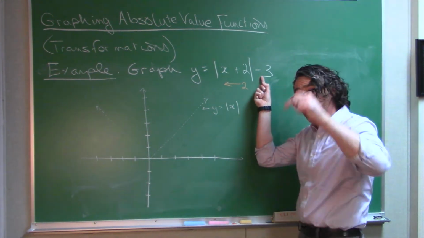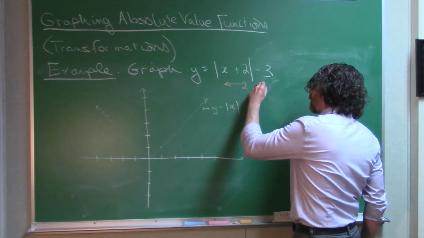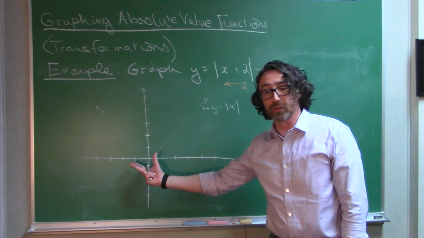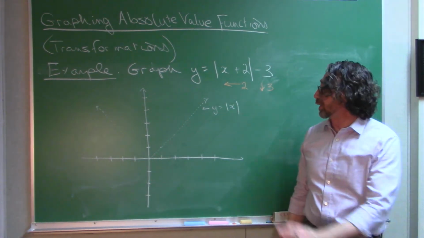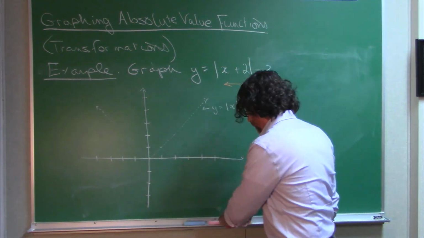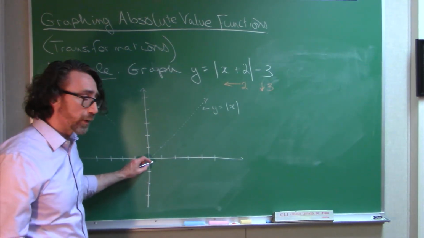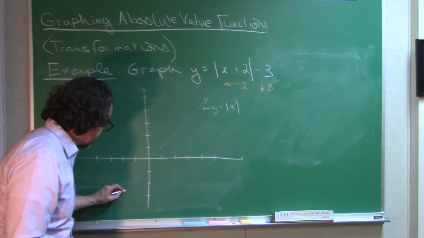Here we're subtracting, that's going to move us down 3 units. So we're going to take this picture that we have right here. We're going to move it to the left 2 units. So we're thinking, where's the point of this V? Originally it's at the origin. Move it to the left 2, move it down 3.